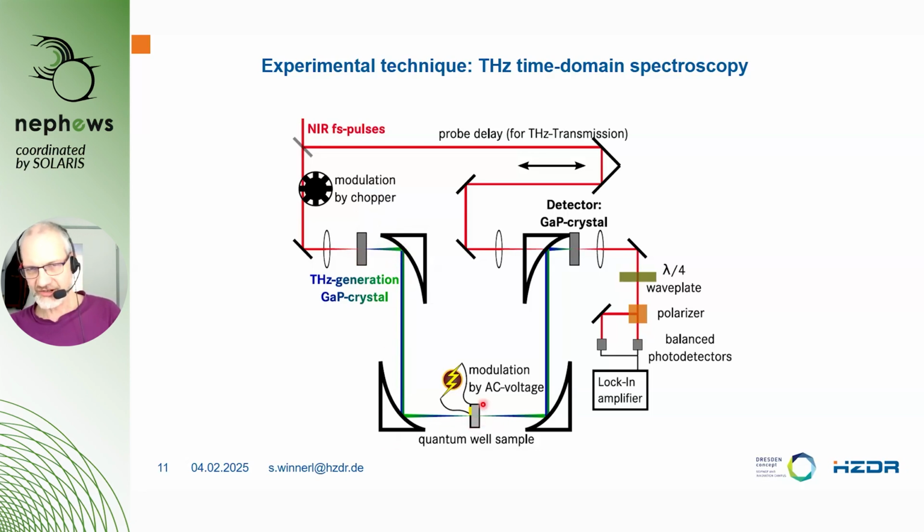The broadband terahertz radiation is focused on the sample and then detected by a scheme named electro-optic sampling. With this technique, we get amplitude and phase information in the time domain, and this can be converted in the frequency domain to the complex dielectric conductivity of the sample.